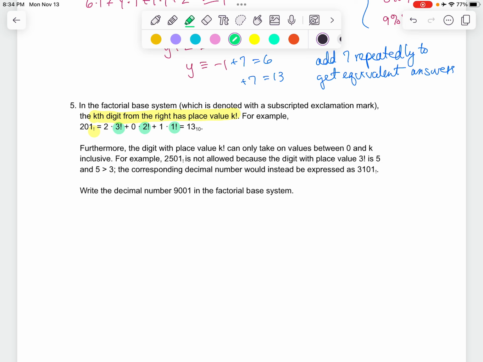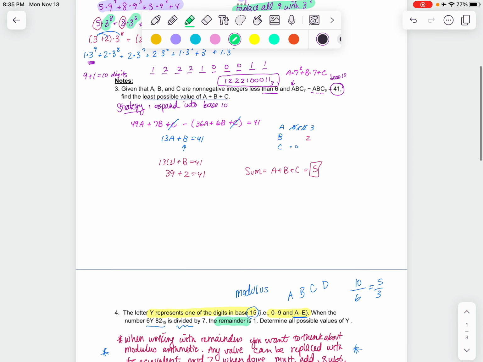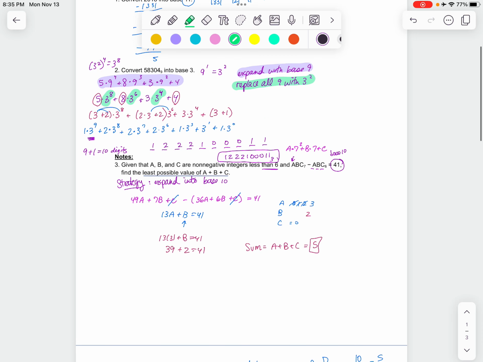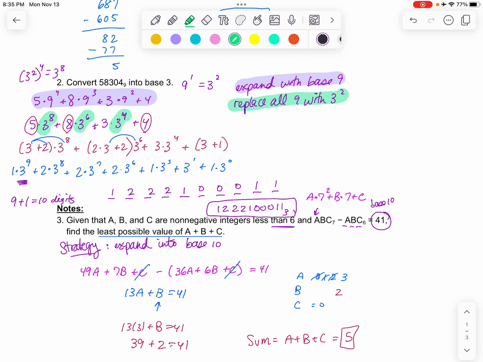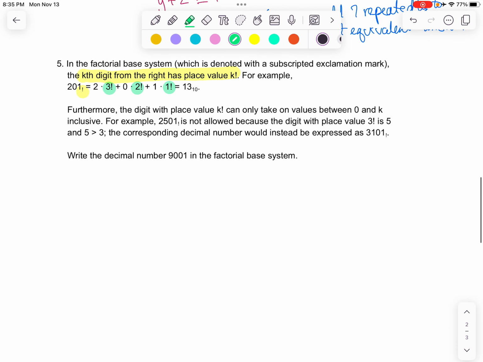Now, in terms of the restrictions that we have here, just like in the problem we had up here, where I said that we weren't able to have any values greater than that base because of the base that we were in, that same rule applies here, but it's a little bit different. Here, the digit with the place value of k factorial can only take on values between 0 and k inclusive, meaning that value is included.